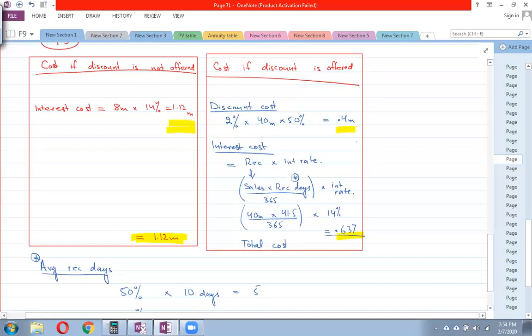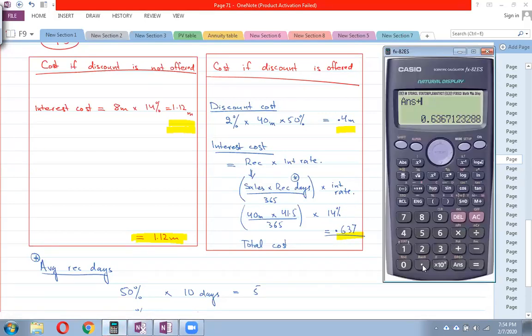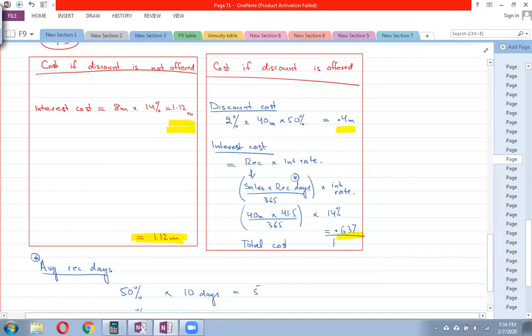Your total cost will be your discount cost plus your interest cost, which is 1.037, right? So how much was our overall cost before? This much. How much is our overall cost now? This much. So should we offer discount or not? What do you think?